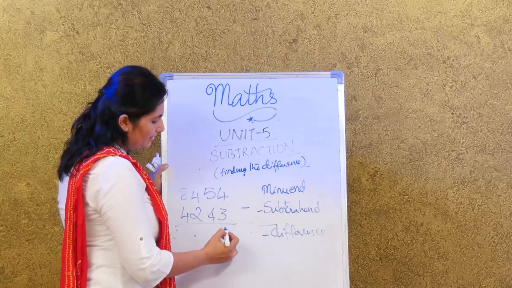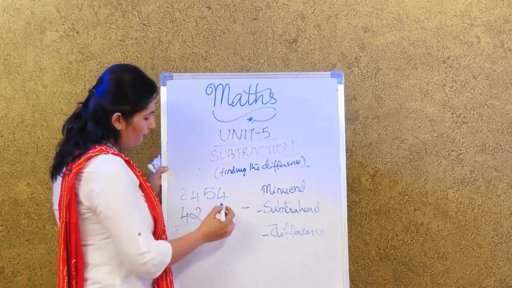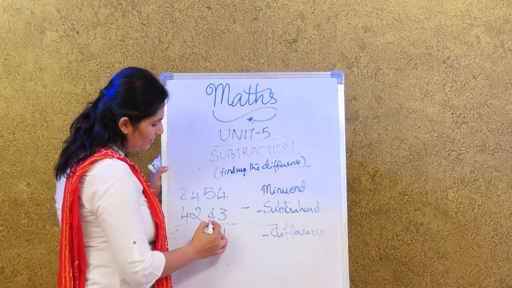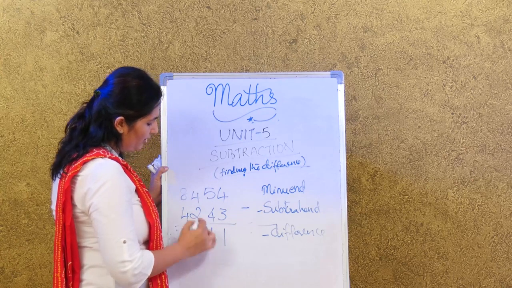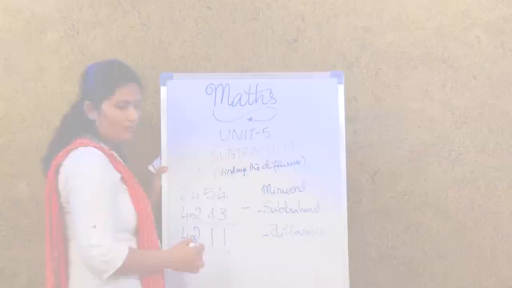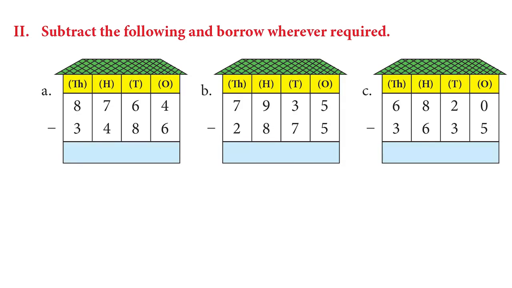This is without borrowing. 4 minus 3 is 1, 5 minus 4 is 1, 4 minus 2 is 2, 8 minus 4 is 4. So 4211.